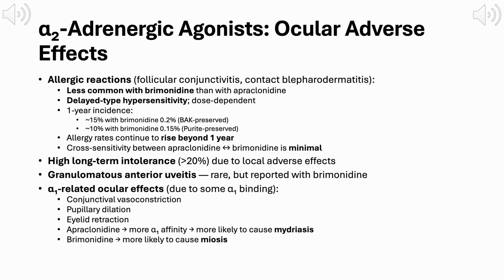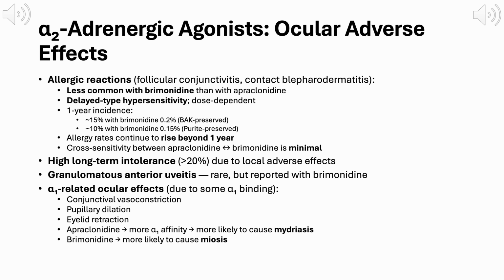Allergy rates continue to rise beyond 1 year, though cross-sensitivity between apraclonidine and brimonidine remains minimal. There's a high long-term intolerance rate, over 20%, due to local adverse effects. Rarely, brimonidine has been associated with anterior uveitis.